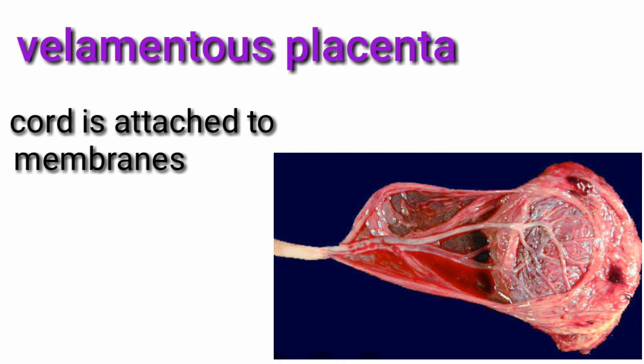As we know, the umbilical cord contains 2 umbilical arteries and 1 umbilical vein. Here, these vessels are dividing before reaching the placental body. All these vessels in this area are exposed and they are unprotected by the umbilical cord. So, this type of placenta is rightly called the velamentous placenta.